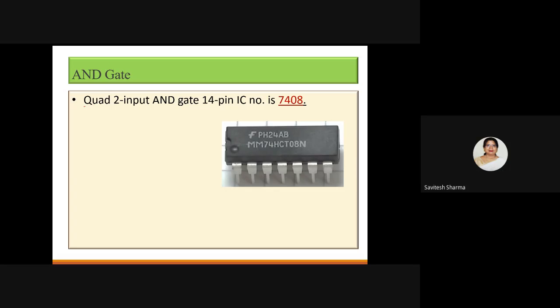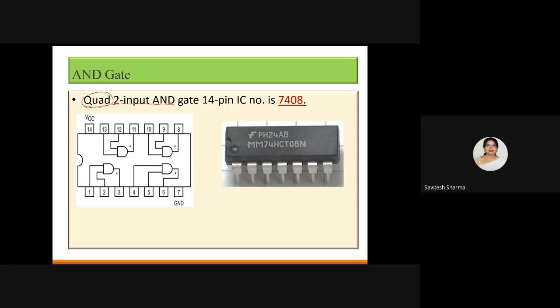Quad means 4, so there are 4 AND gates inside the IC, and each gate has 2 inputs. That's why it is called a quad 2 input AND gate IC.